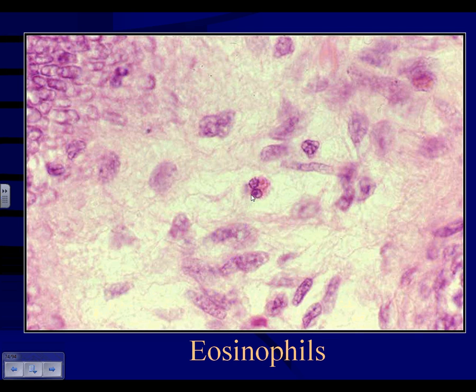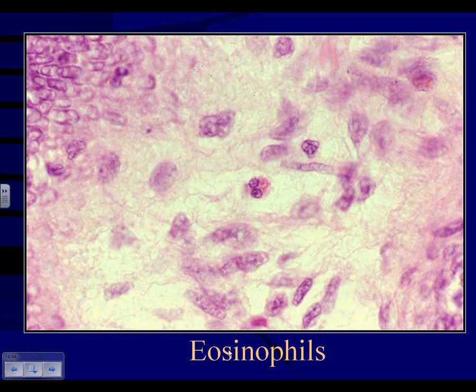These are eosinophils. So eosinophil, the name refers to, so phil refers to love or affinity or affection. So eosinophil means that it takes up eosin, the stain, really well. It loves eosin. That's where the name comes from.